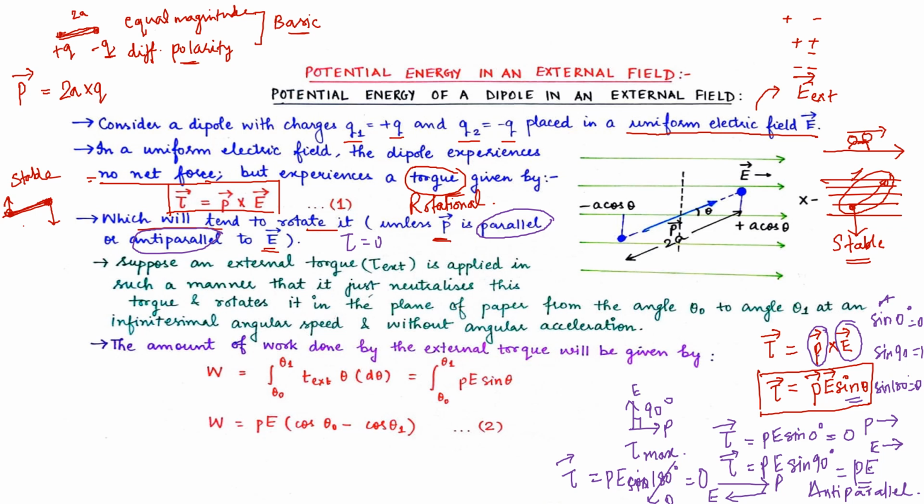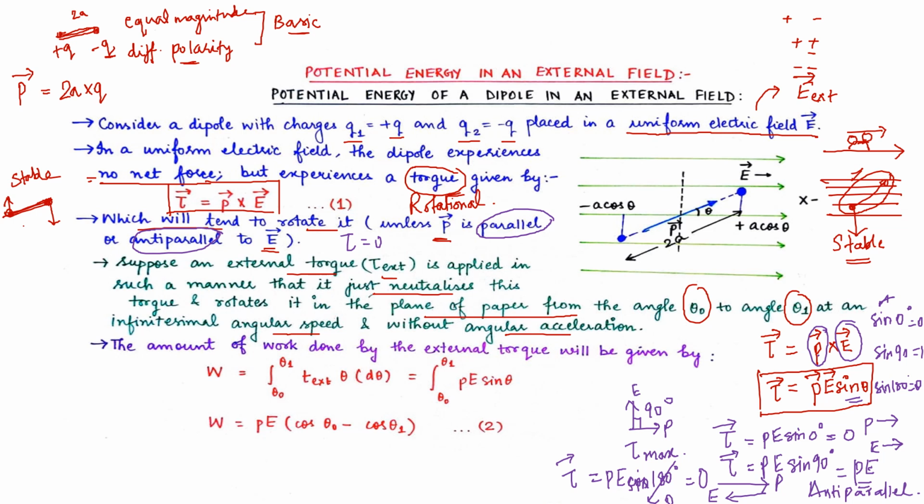Now, suppose an external torque, tau external, is applied in such a manner that it just neutralizes this torque and rotates it in the plane of paper from the angle theta naught to the angle theta 1 at an infinitesimal angular speed and without angular acceleration.